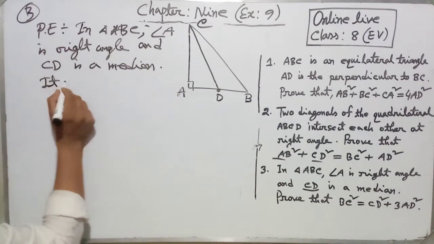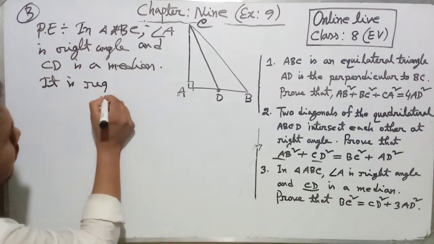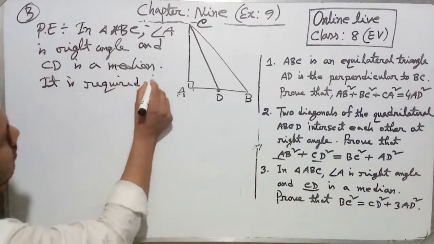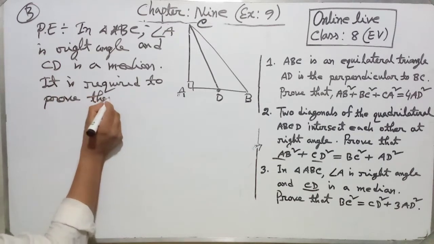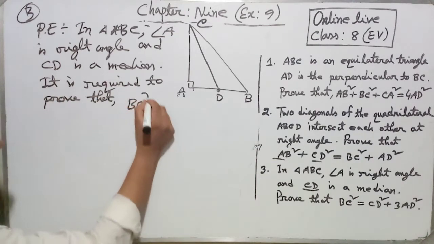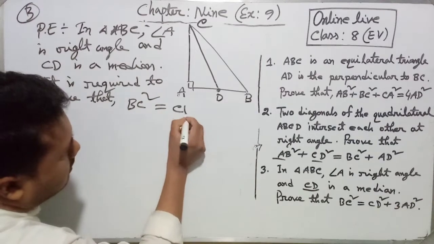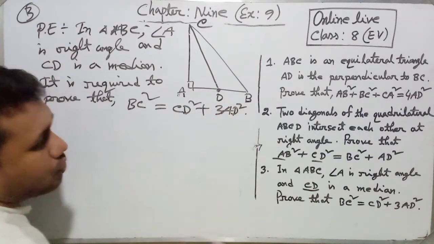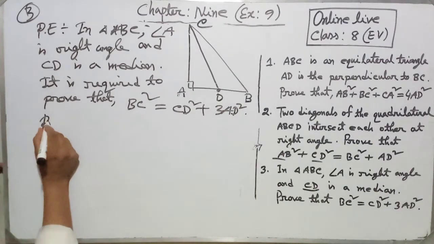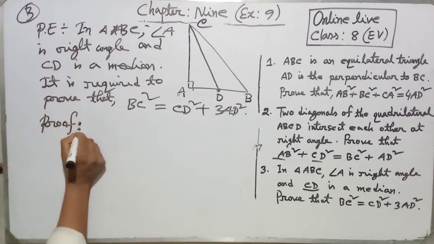It is required to prove that BC square equal CD square plus 3AD square. So we have to prove that. Now dear students, our proof.